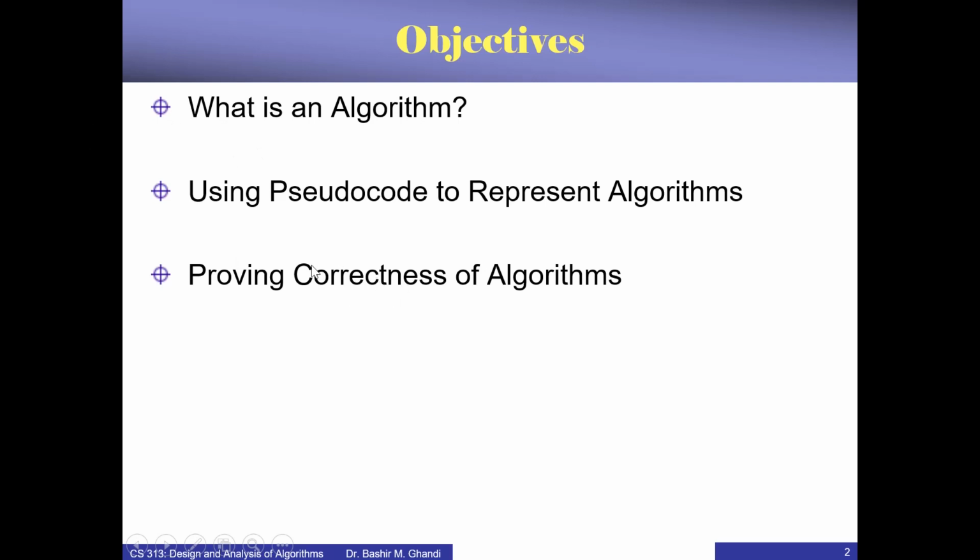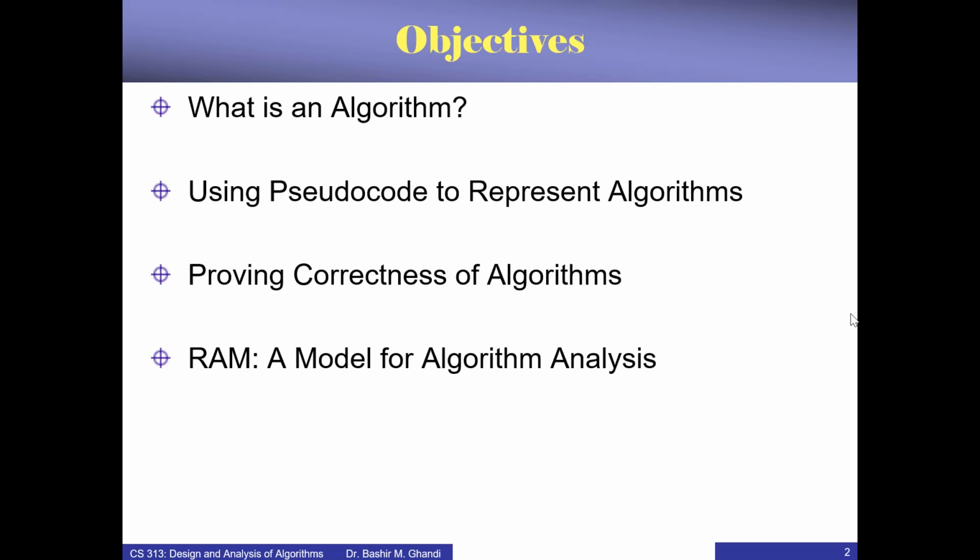So when you design an algorithm, in addition to analyzing the algorithm to see how efficient it is, we first want to be sure whether the algorithm is actually correct. Does it do what it is supposed to do? So there are a number of ways to prove the correctness of an algorithm, and we're going to go through some of them in this introductory lecture. We shall see, of course, many examples as we go through the course.